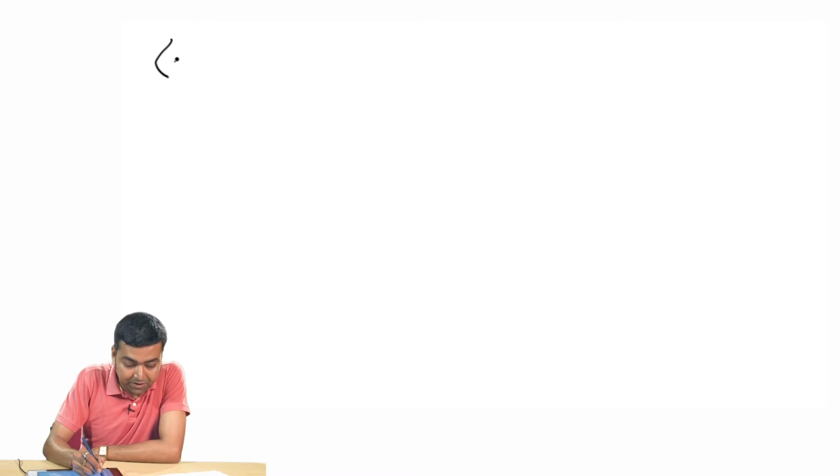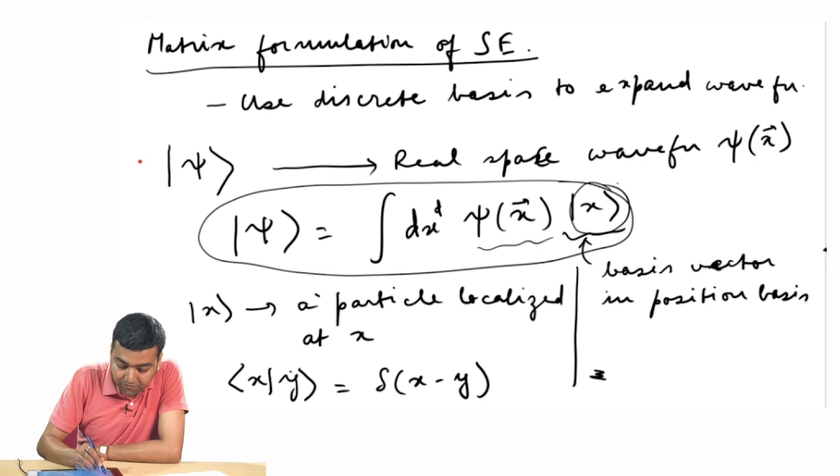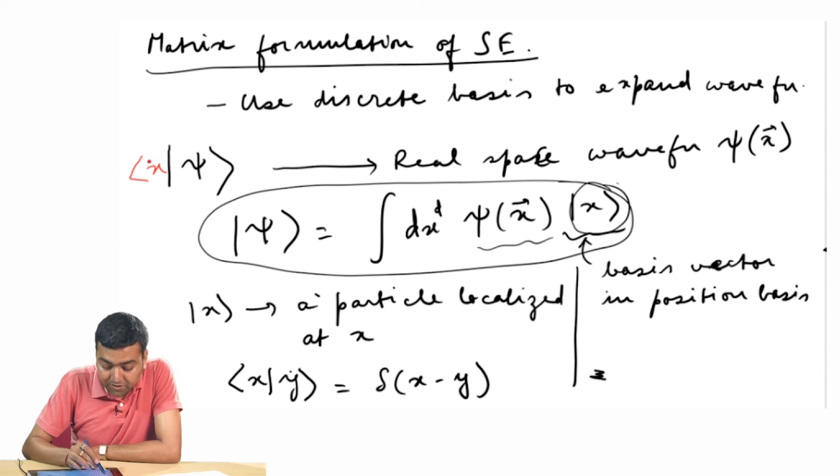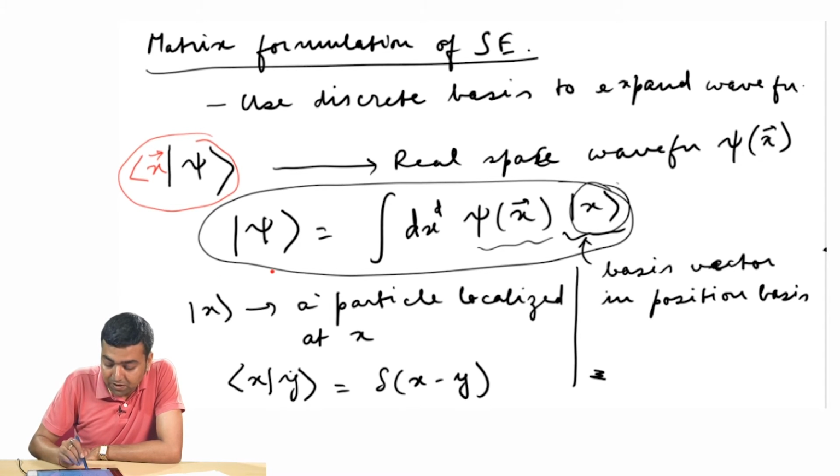So, I will compute the projection of my psi on x, and this will be given by the integral of psi. If I go back and compute this quantity, this vector will operate on this one, but since we are projecting on x, this integral has to be done over y.